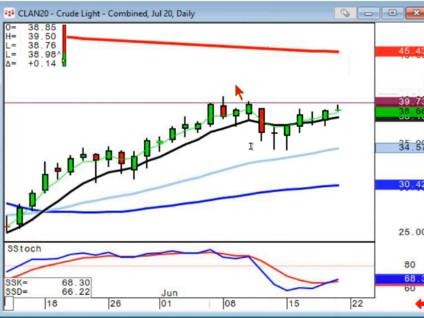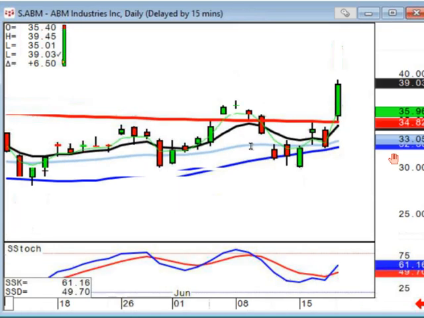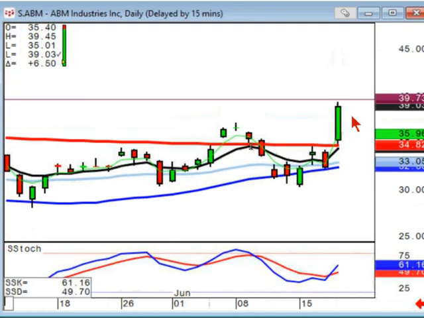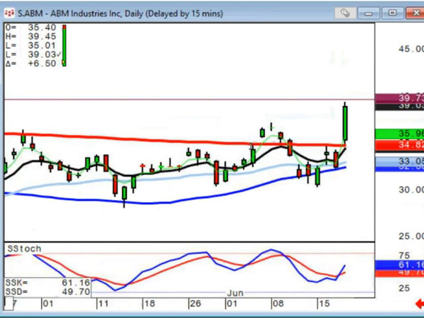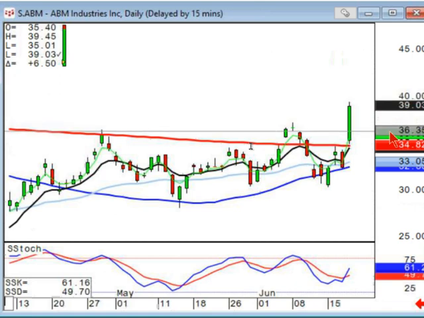All right, so kicker signal. Here's where you put 2 plus 2 together. We were buying ABM calls on the close today. Because look where the kicker signal, and what's the most powerful candlestick signal?